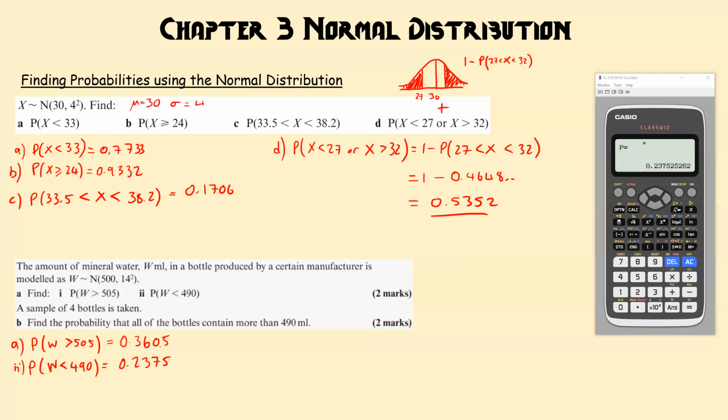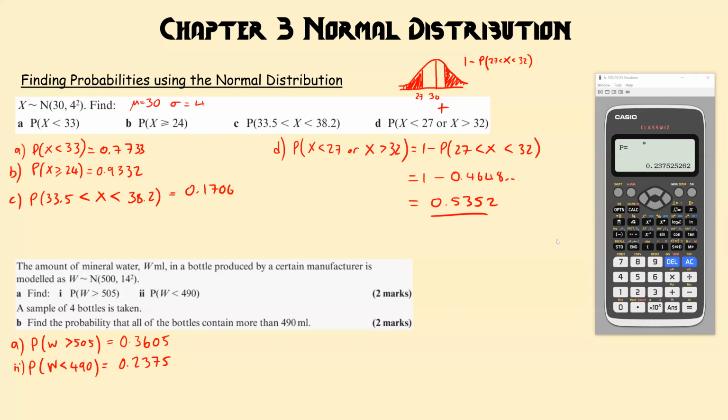A sample of 4 bottles is taken. Find the probability that all of the bottles contain more than 490. So in this case, you need to think back to your standard kind of probability question. If you know the probability of getting less than 490, then you also know the probability of getting more than 490.